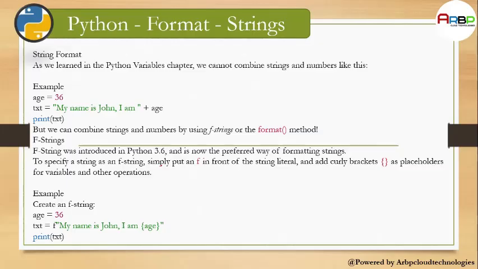A is equal to 378. B is equal to F, brackets, India scored, then curly brackets A, runs in test match.